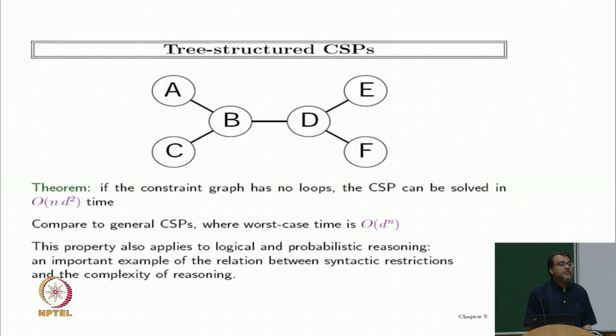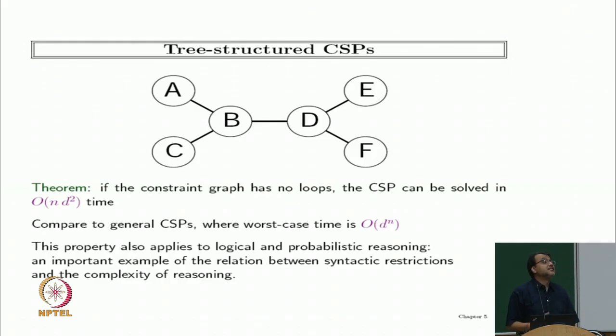And we are going to show by example that for such a constraint graph which does not have any loops, that is, it's a tree, the CSP can be solved in order n d square time. Think about d to the power n and n d square. It's a huge improvement in time complexity.